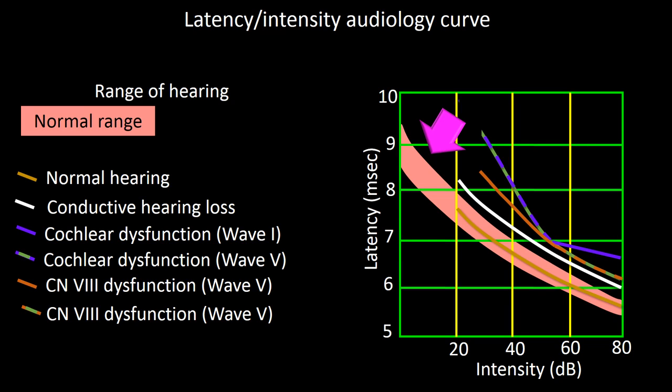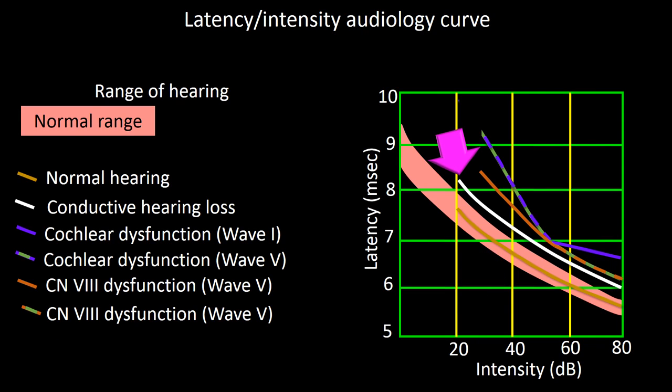Notice that the pink band represents the range of normal hearing in perfect conditions and in people with perfect hearing. The cream line inside the pink band represents the normal hearing of most average people. Remember that wave 5 recognition level of 30 to 35 dB above the normal adult hearing level is considered normal.